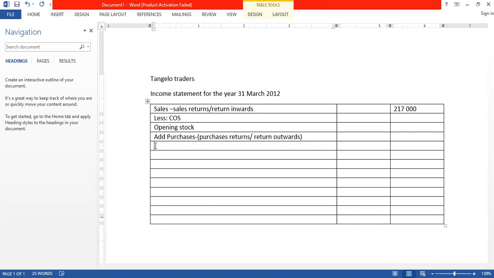The transportation cost incurred is also part of your cost of sales. So in cases where you are given carriage inwards, you make sure that you add it. In this activity, we were not given any carriage inwards, but I will have to write it.